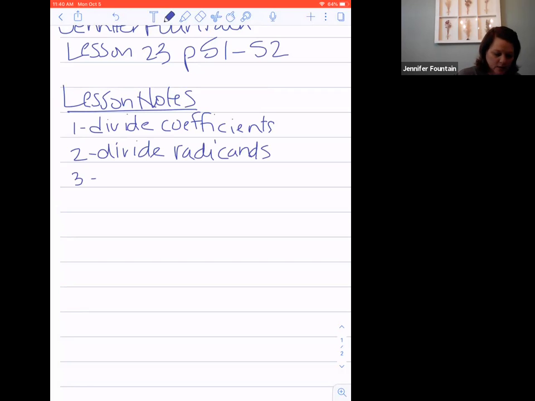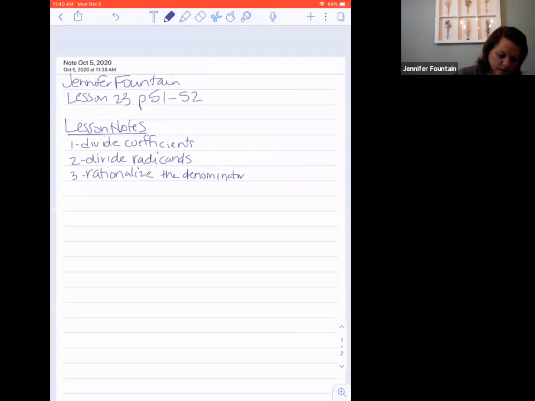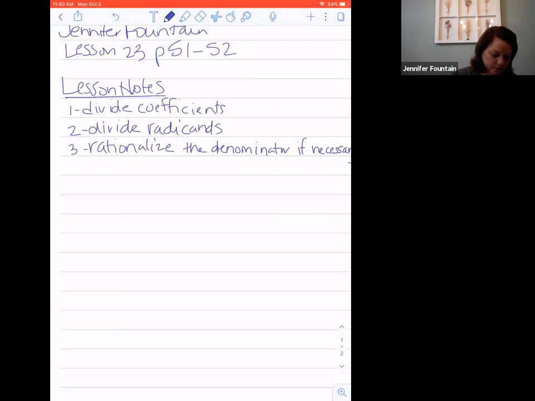Step 3, rationalize the denominator if necessary. And 4, reduce if necessary.